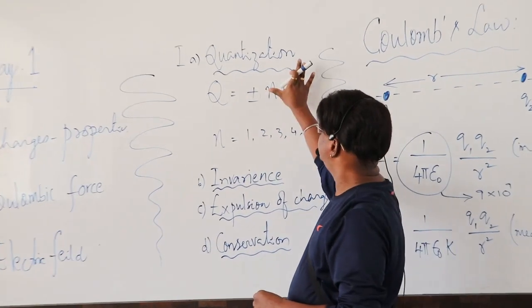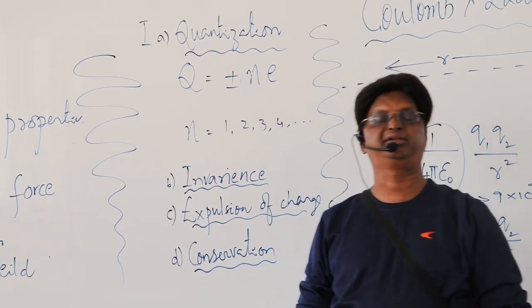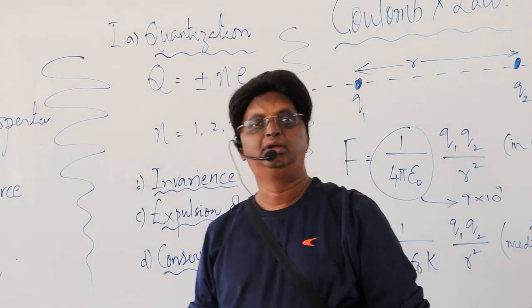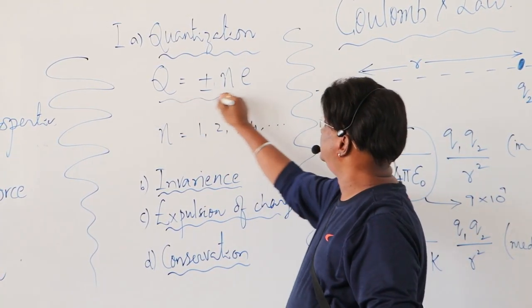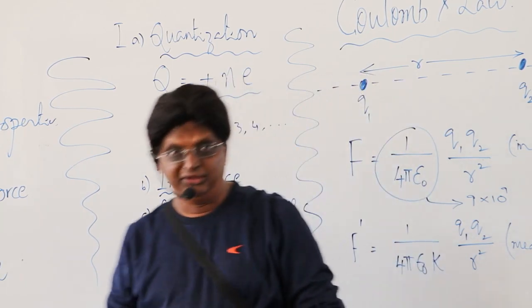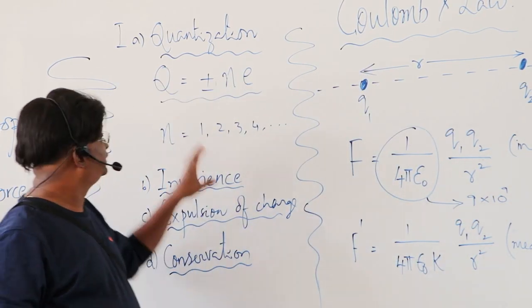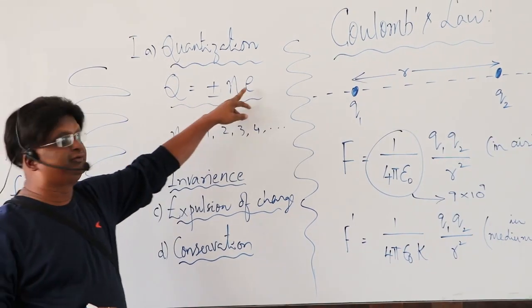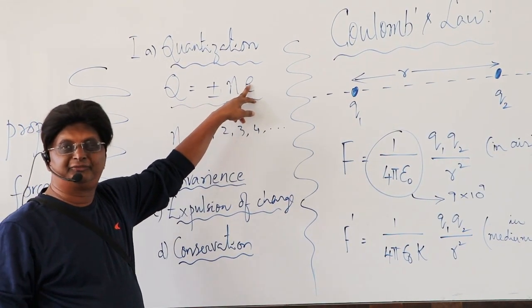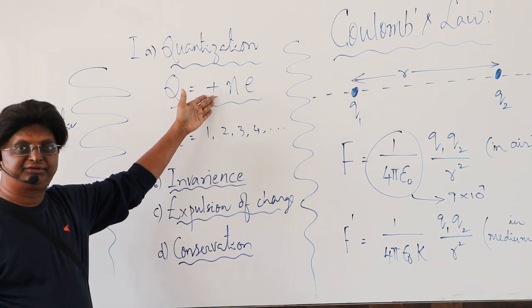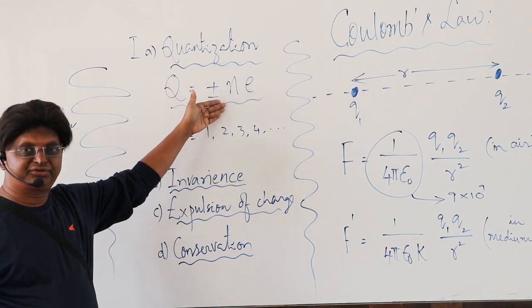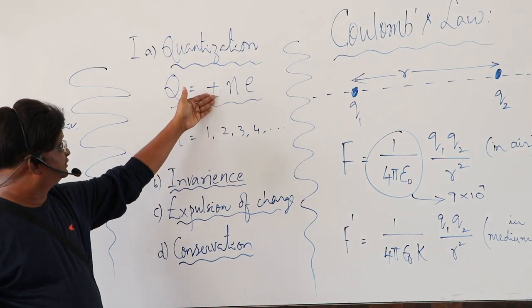One is the quantization of electric charges, a very popular expression that you all know. Q is equal to plus or minus Ne, where N is an integer and e is the charge of the electron, the fundamental charge. Of course, loss of electrons gives a positive sign, and gain of electrons gives a negative sign.